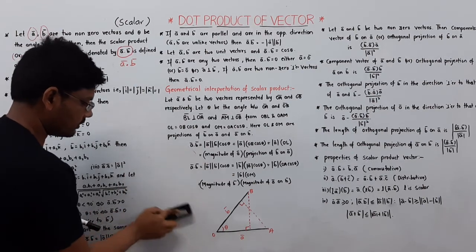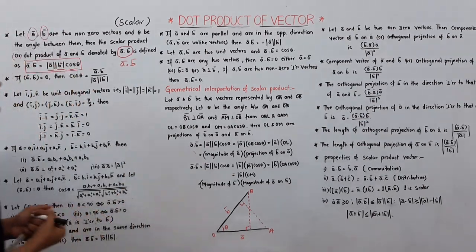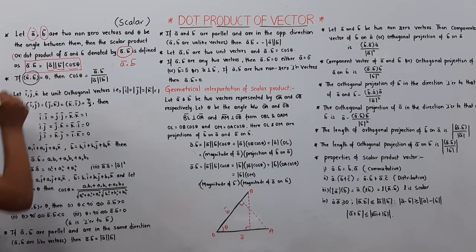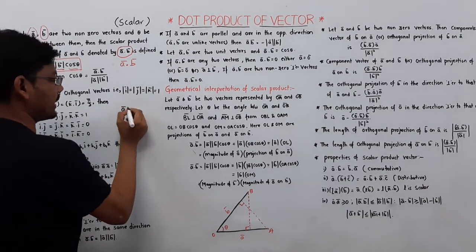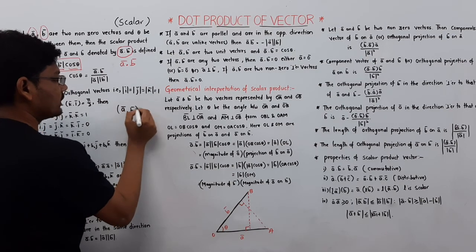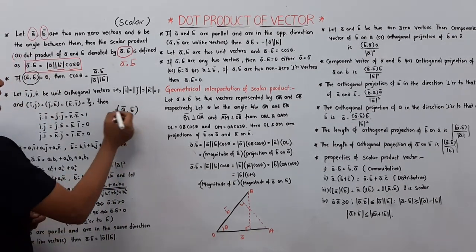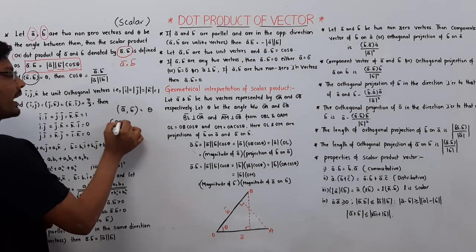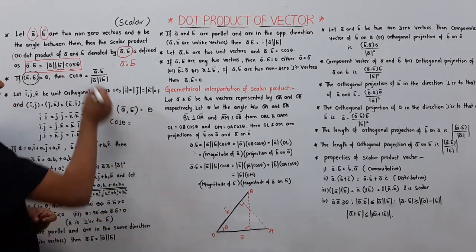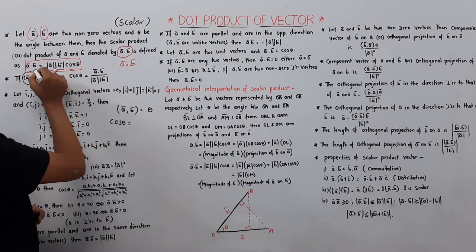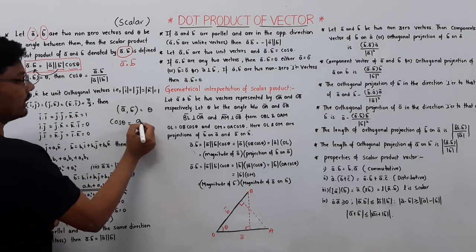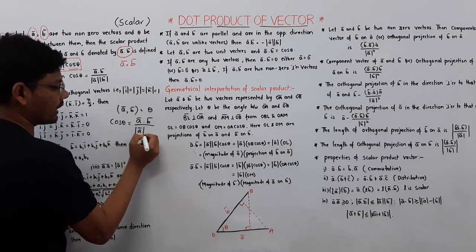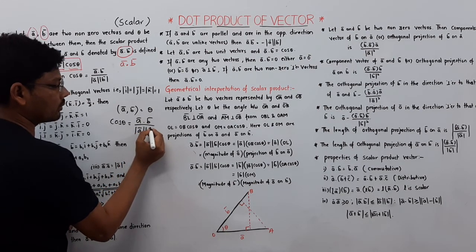Now this is all about the first point. The angle between two vectors is denoted by the angle between a bar and b bar, which is equal to theta. Then cos theta, if we send these values to the downside, equals a bar dot b bar divided by mod of a bar into mod of b bar.